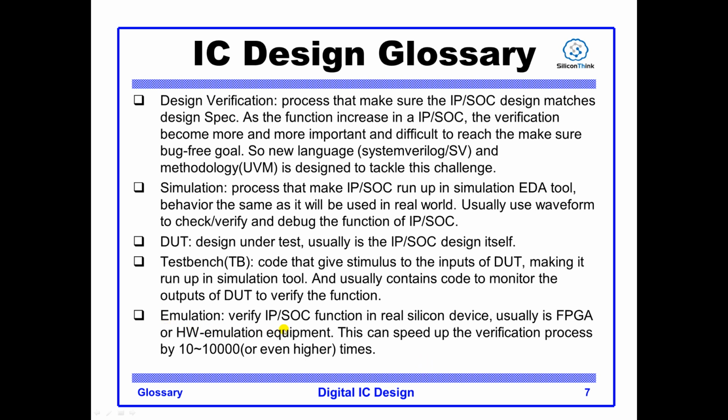Emulation. Emulation is another way of verification. It usually verifies SoC and IP functions in a real silicon device, such as an FPGA device or hardware emulation equipment. The advantage of emulation is the speed.